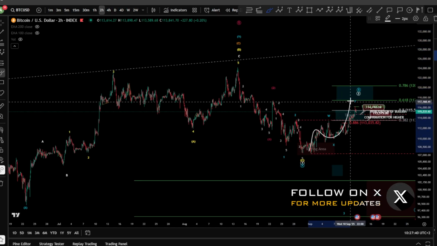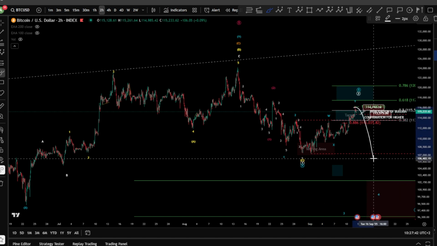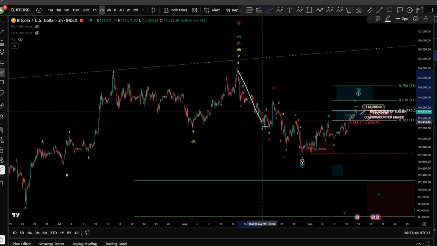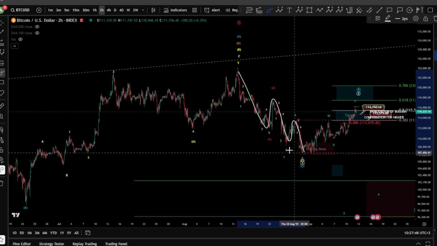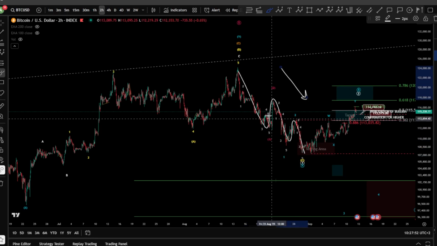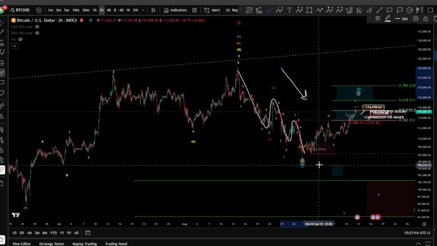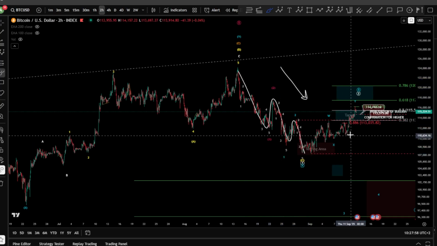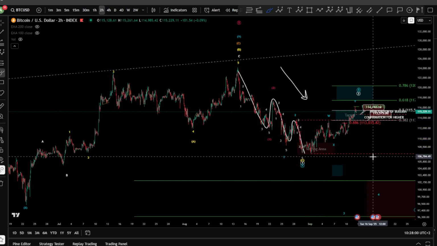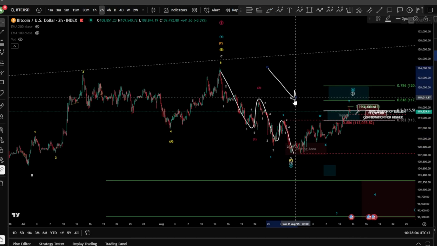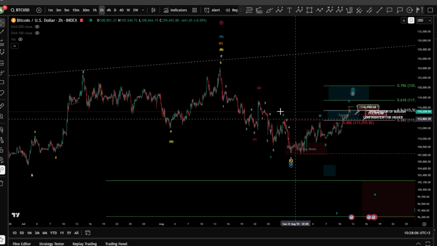I see a corrective wave that might reverse at any time from this area for Bitcoin, especially since you are already directed downward, meaning the market direction right now is toward the downside. You have the 5 clear waves downside, followed by 3 waves toward the upside. Very complex and very unclear structure. And that means there are 2 possibilities again here.